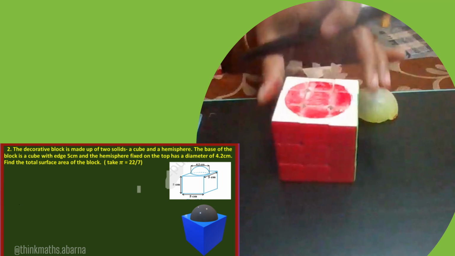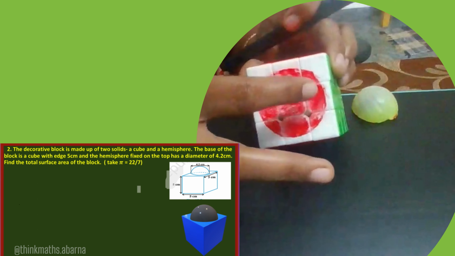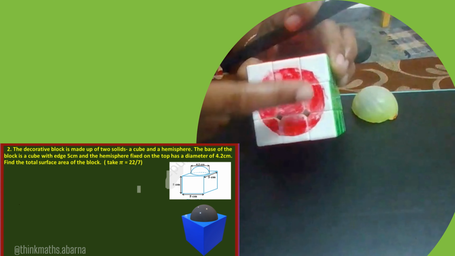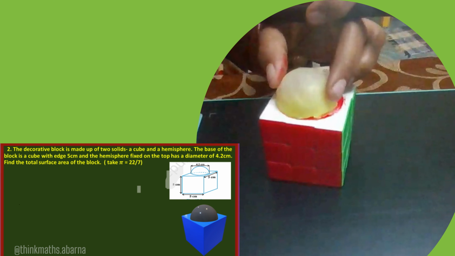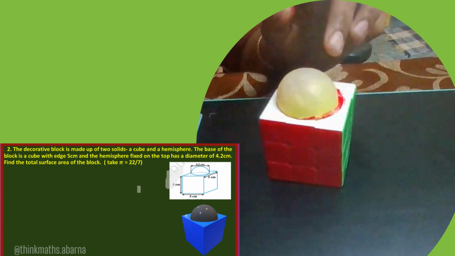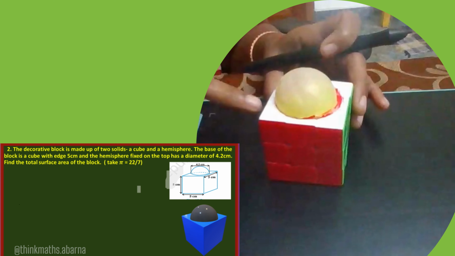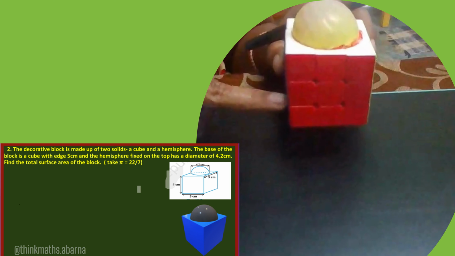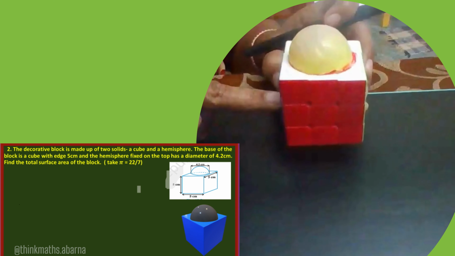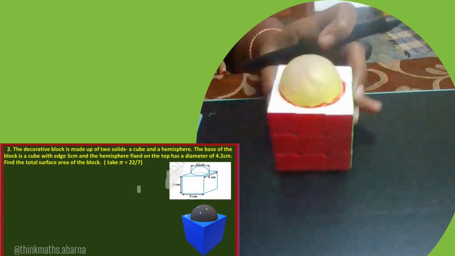So now it is the total surface area of the cube minus this base area of the hemisphere, you have to subtract it, and you have to include the curved surface area of the hemisphere. Okay, children, do you understand the question? We have to find out the surface area of this block. I will explain it again. It is nothing but the total surface area of the cube plus the curved surface area of the hemisphere.